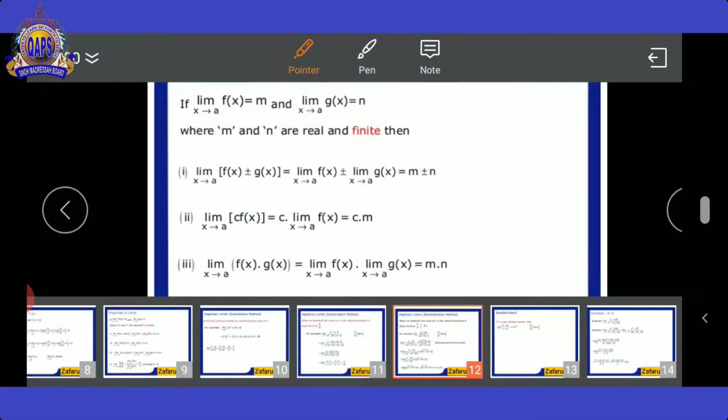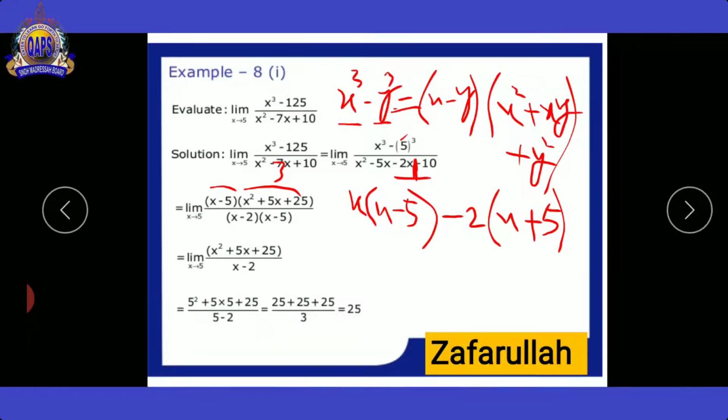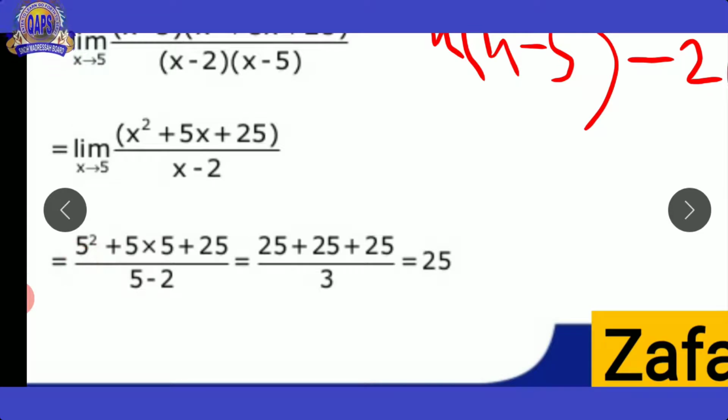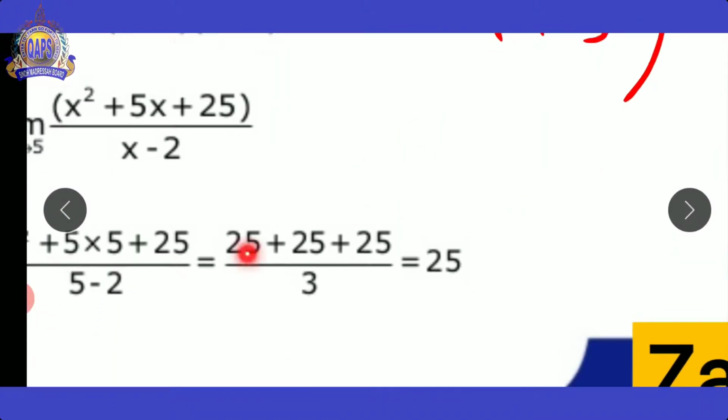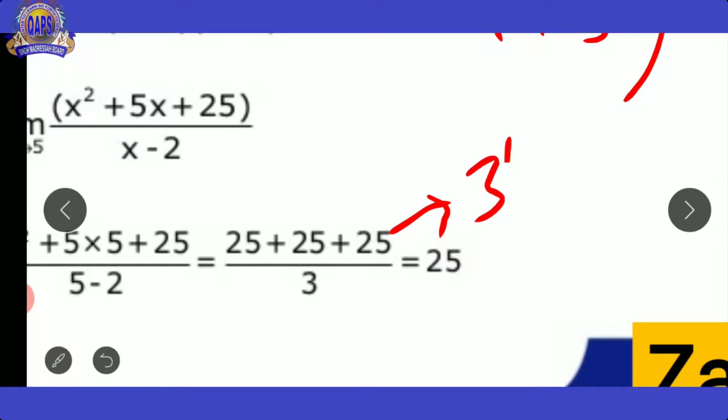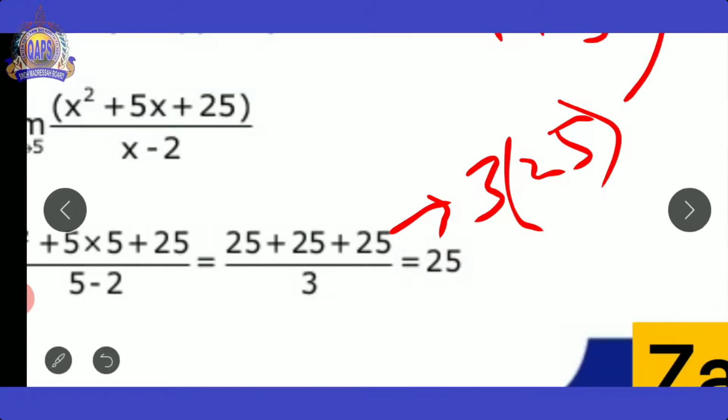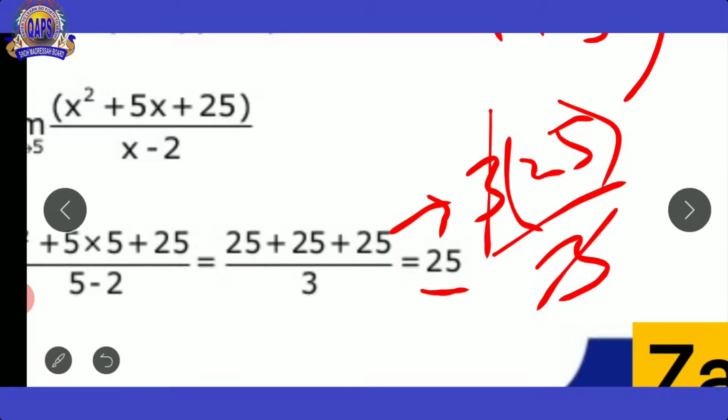Now the whole situation is 5 square plus 5 multiply 5 plus 25 upon 5 minus 2. 25, 25, 25, and 5 minus 2 is equal to 3. Now 25 plus 25 plus 25 is 3 times 25, upon 3, then 3 will cancel, and the outcome will be 25.